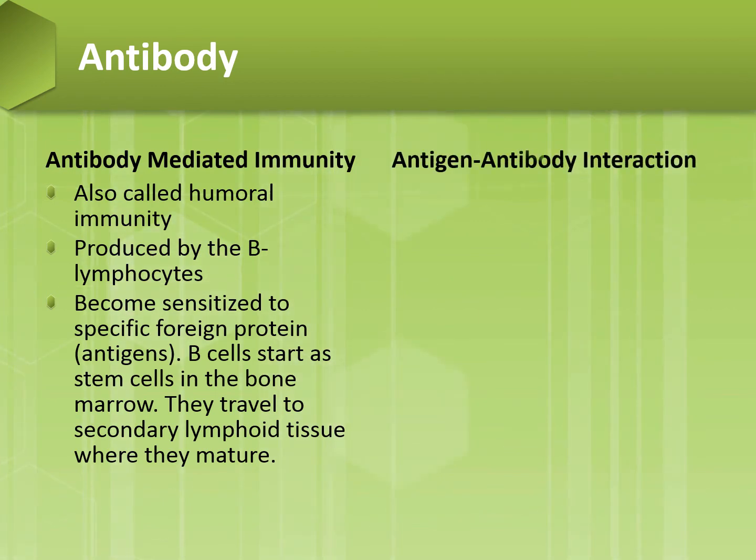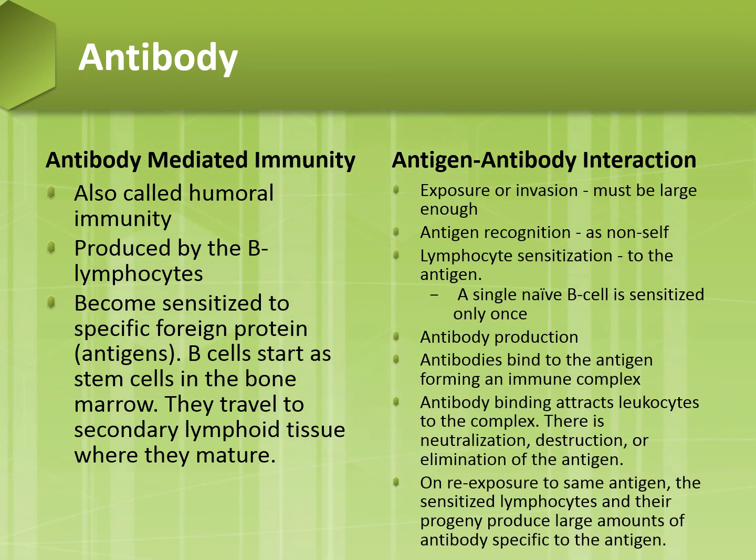Then we have antigen-antibody interaction. This is usually due to an exposure or an invasion, and it has to be a large exposure or invasion. The antigen is recognized as non-self. There is lymphocyte sensitization, and then a single naive B cell is sensitized only once. There will be antibody production.